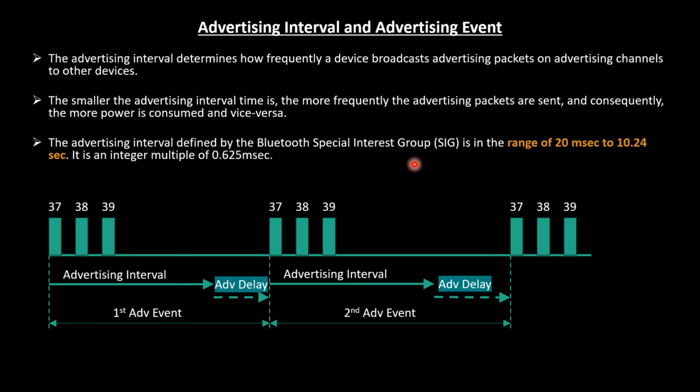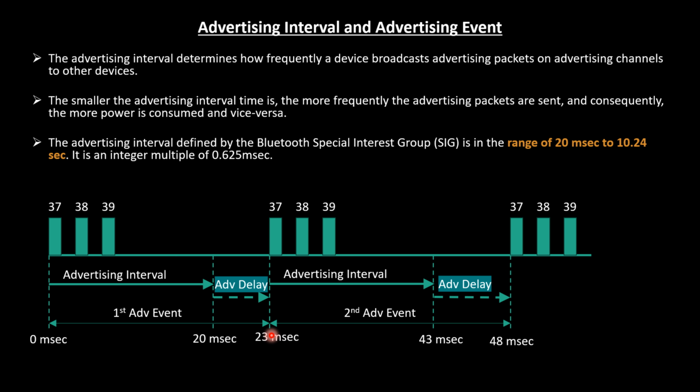So where are these guidelines? Bluetooth SIG publishes the Bluetooth Core specification, a document of thousands of pages. Referring to that document, you have to build your stack, and it has to be qualified by the Bluetooth SIG. When you build the stack, the advertising interval should be in the range of 20 milliseconds to 10 seconds.